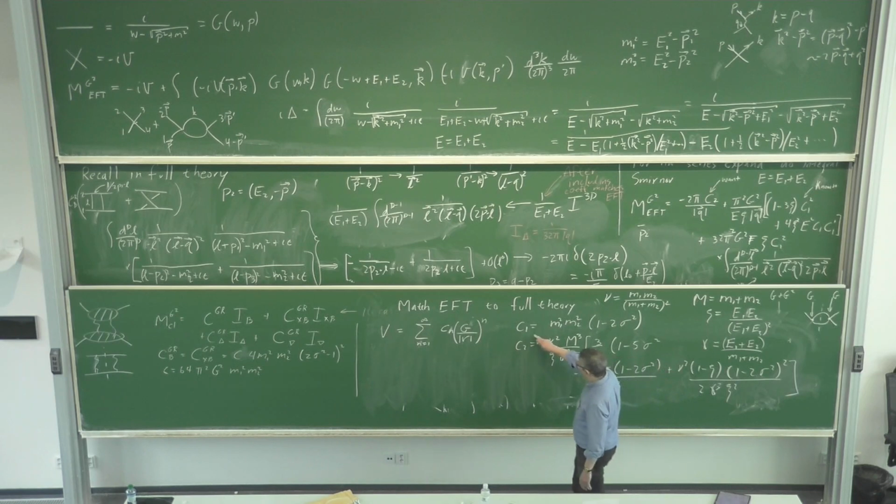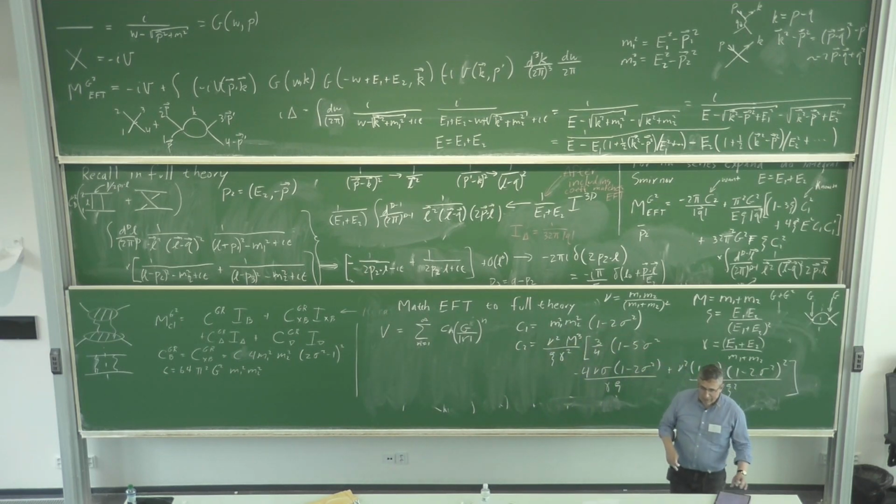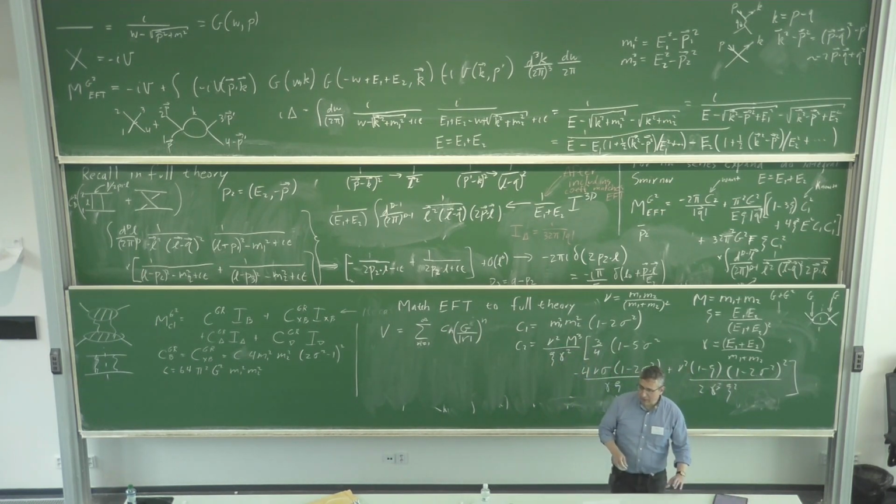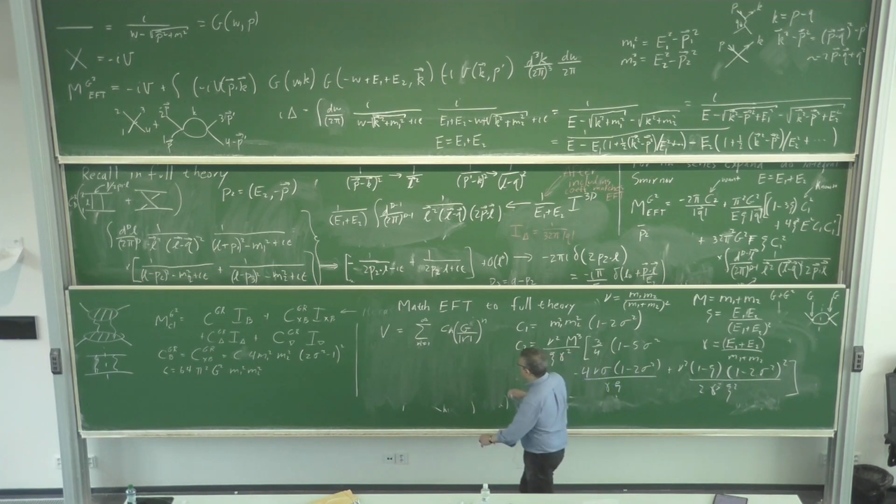The first term in the static limit is Newton. The second term contains a piece that was worked out by Einstein, Infeld, and Hoffman. They did first post-Newtonian. First post-Newtonian contains one power of v square extra.